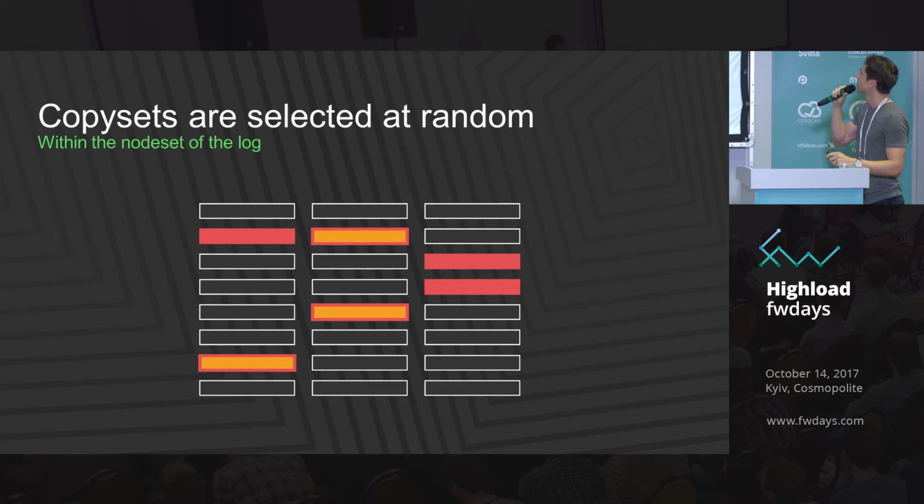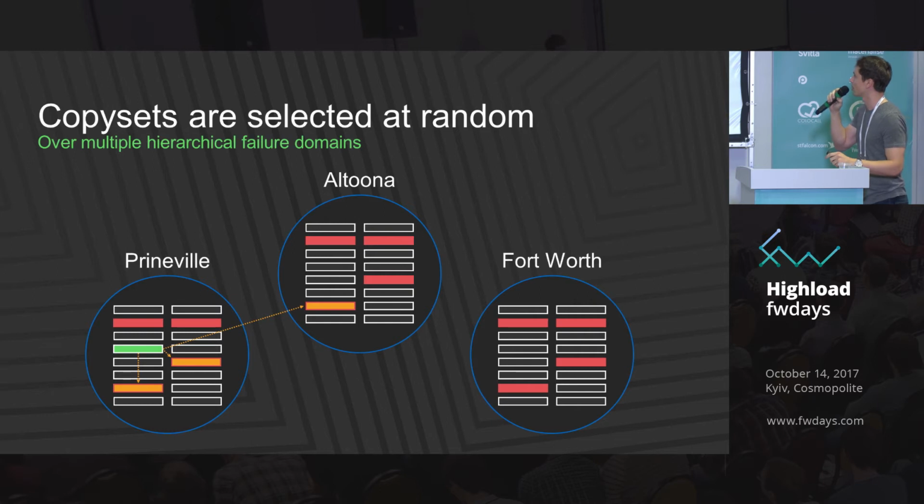Also, we can define some rules. For example, I want my data to be replicated across different data centers. For example, there is Prineville, Altoona and Fort Worth, Facebook data centers, and I select my node set so that I have machines available in all of them.